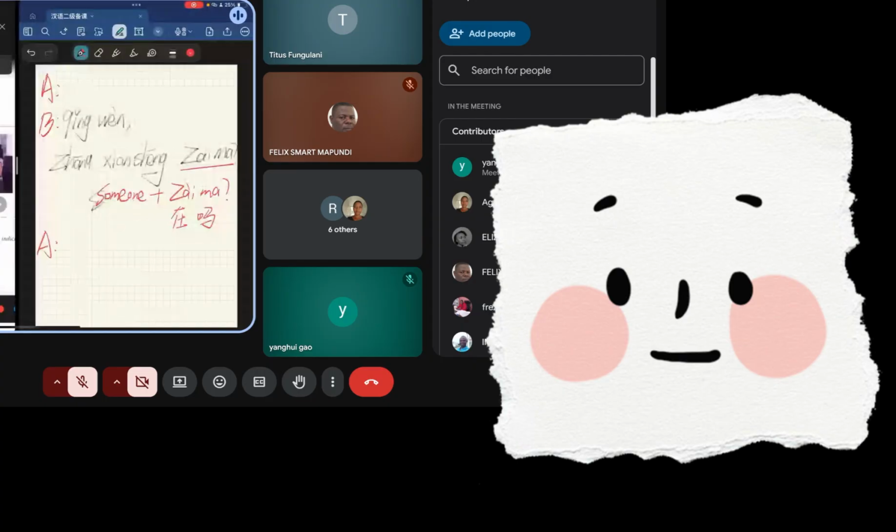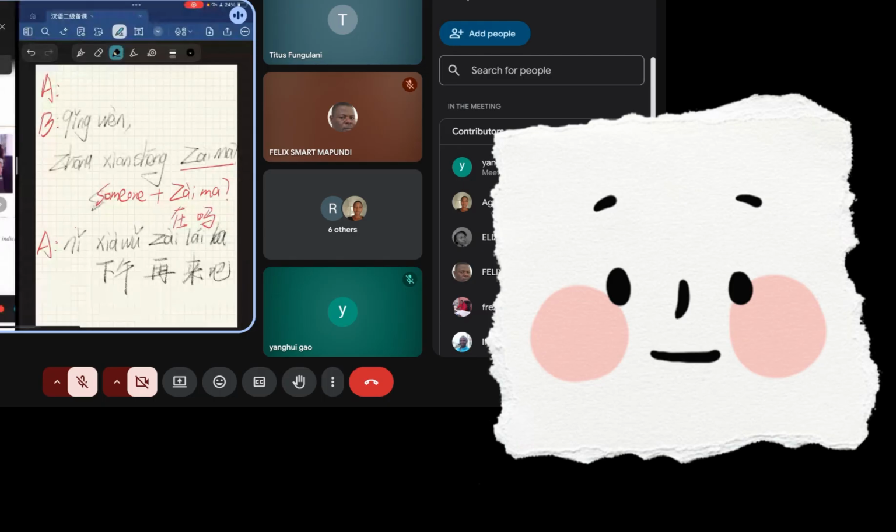And it says 你下午再来吧. 下午 is afternoon. 来 is come. 再来 is come again.